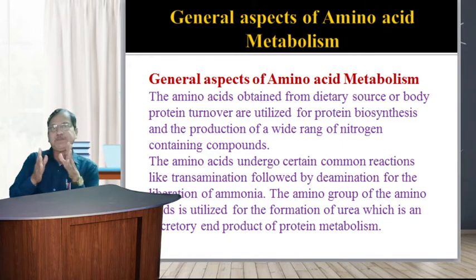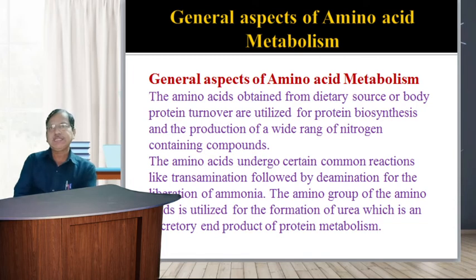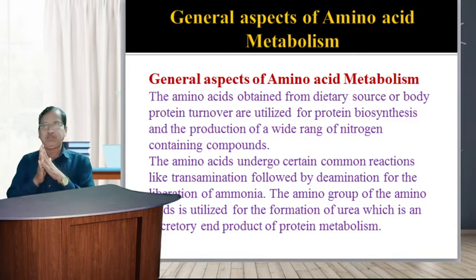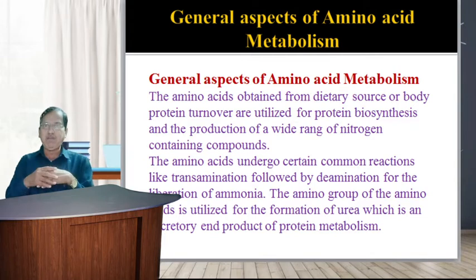In this process, the amino acids obtained from dietary sources or body protein turnover are utilized for protein biosynthesis and the production of a wide range of nitrogen containing compounds. Dear friends, the amino acids undergo certain common reactions like transamination followed by deamination for the liberation of ammonia.